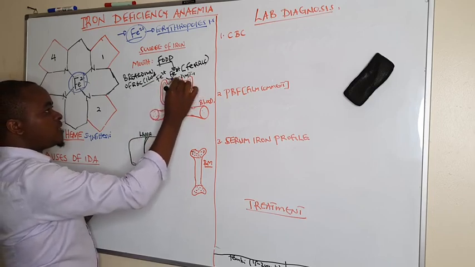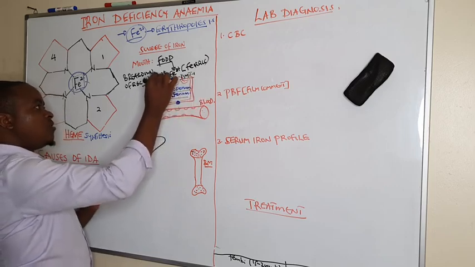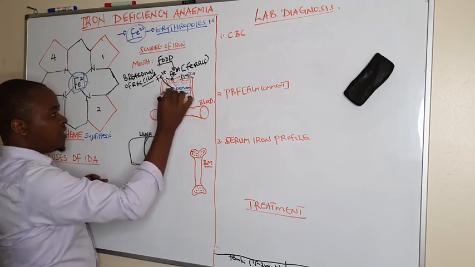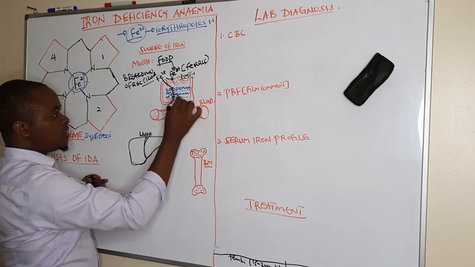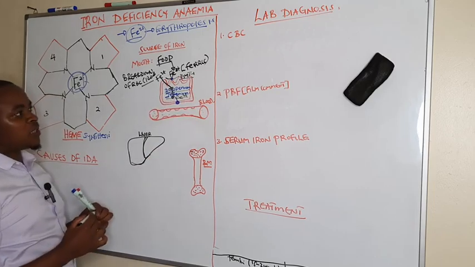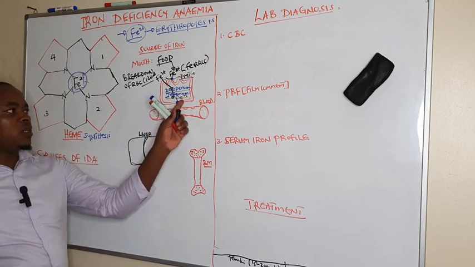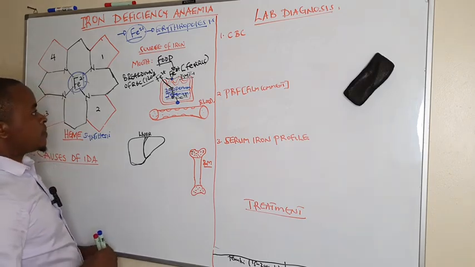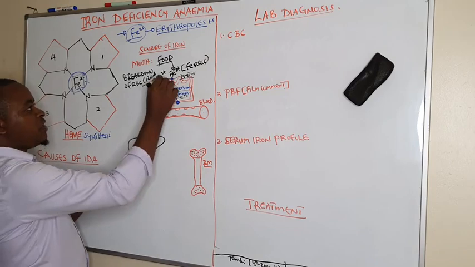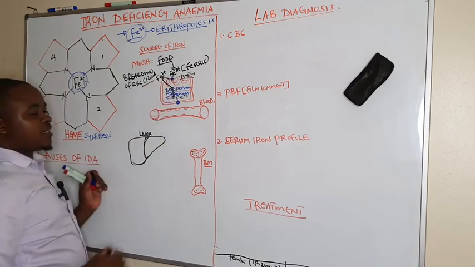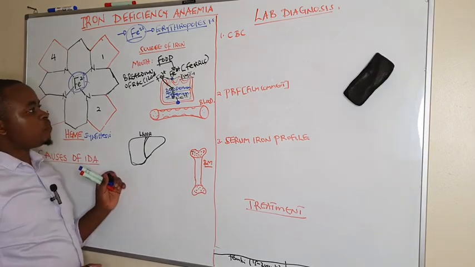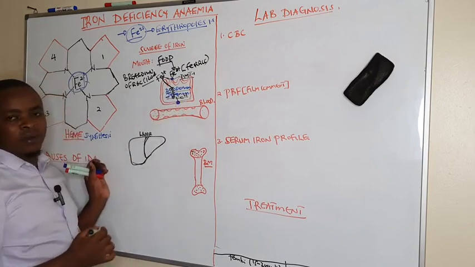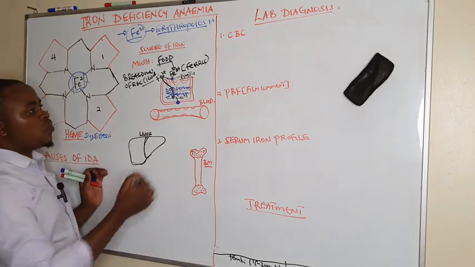and after forming the ferrous state, the divalent metal transporter transports this iron in the ferrous state into the duodenal wall, after being reduced by the reductase. This iron in the duodenal wall has to move into the plasma.